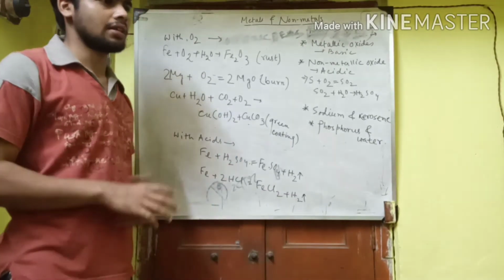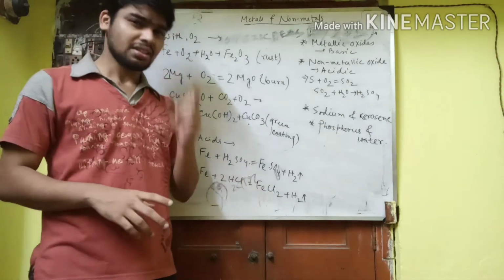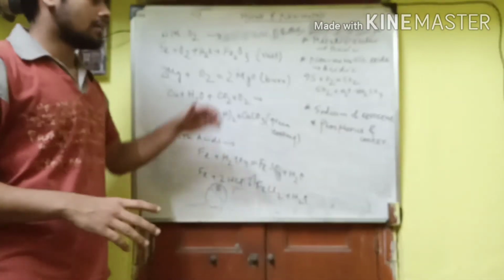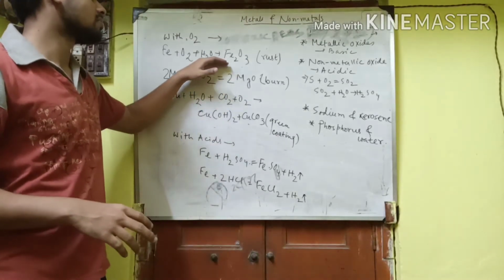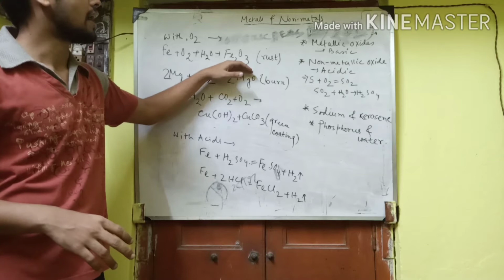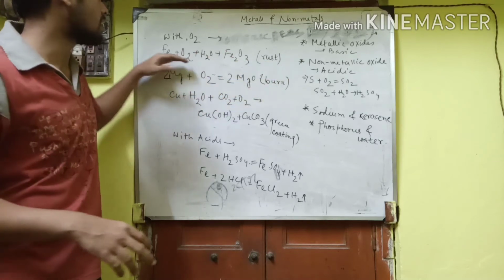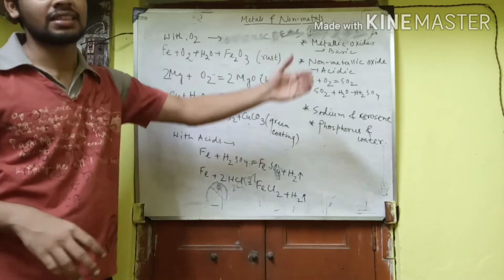So these are the coatings. But pure iron reacts with oxygen in the presence of water, produces iron oxide, which is rust, and then the iron gradually decays.